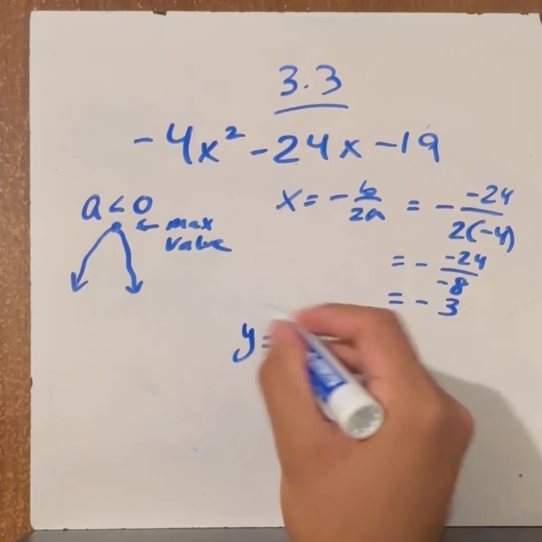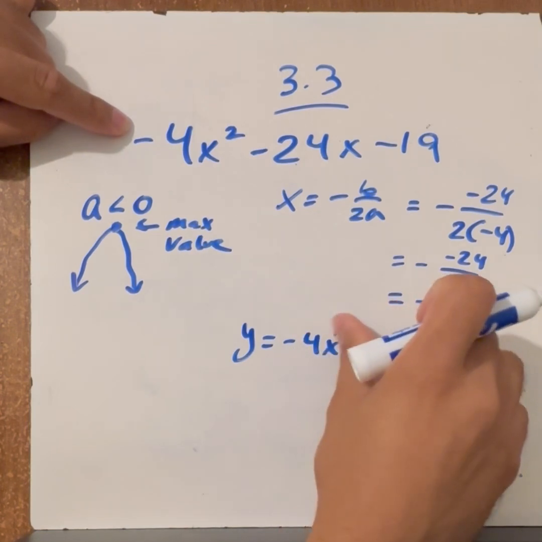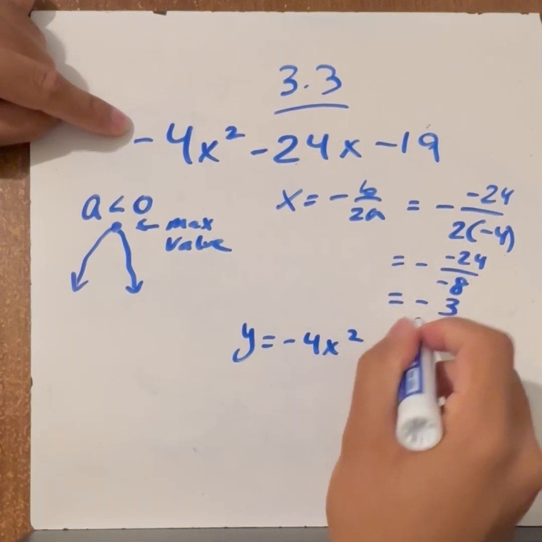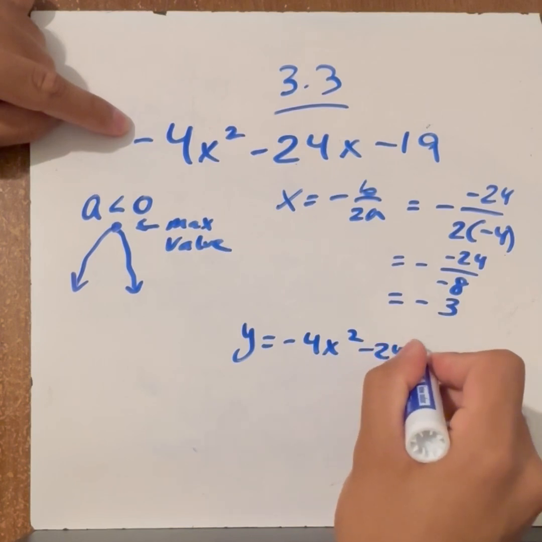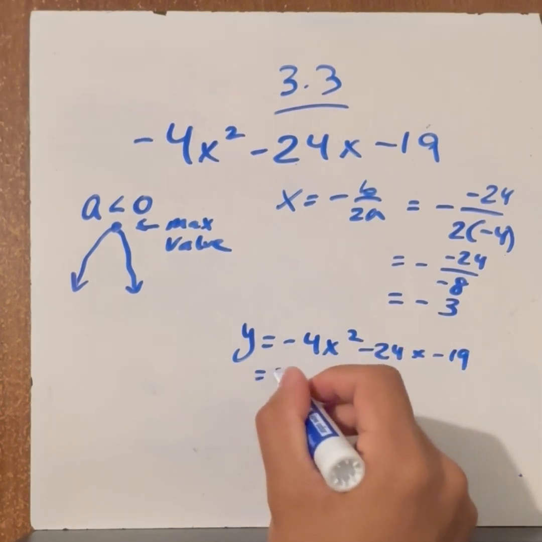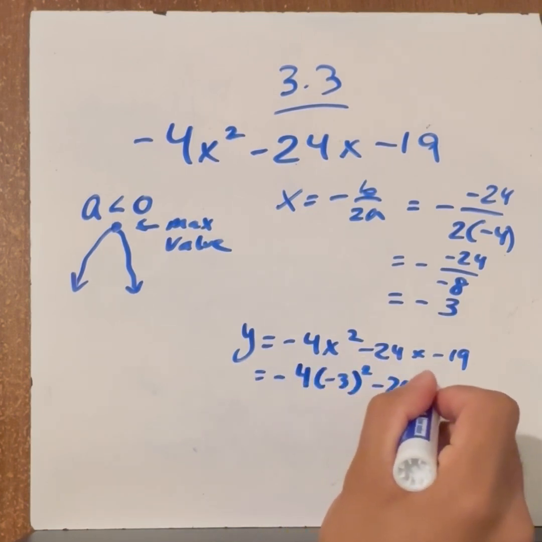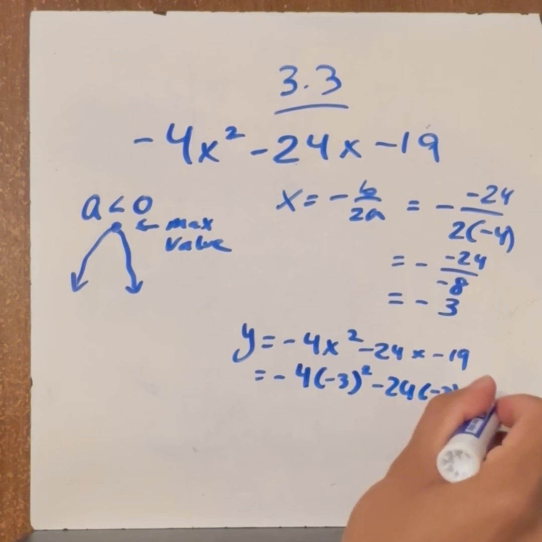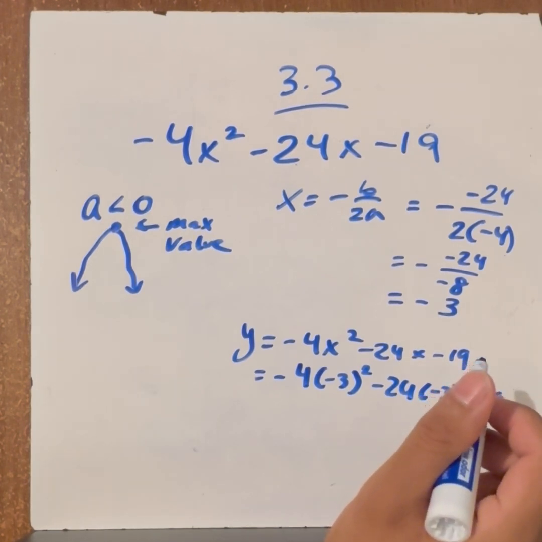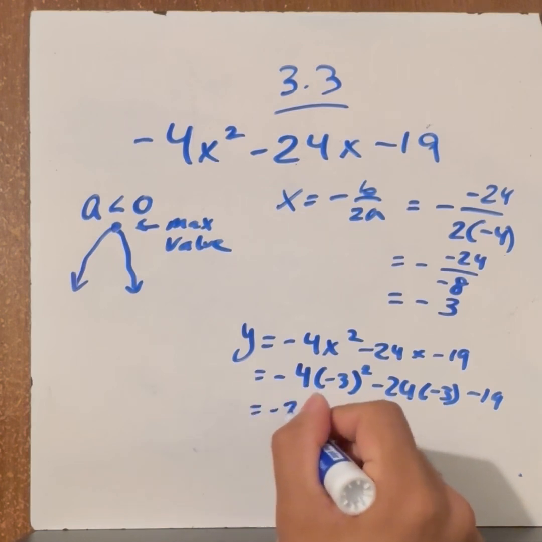So y equals this function. Okay, so plugging in the negative 3. Negative 3 squared is 9. 9 times negative 4 is negative 36.